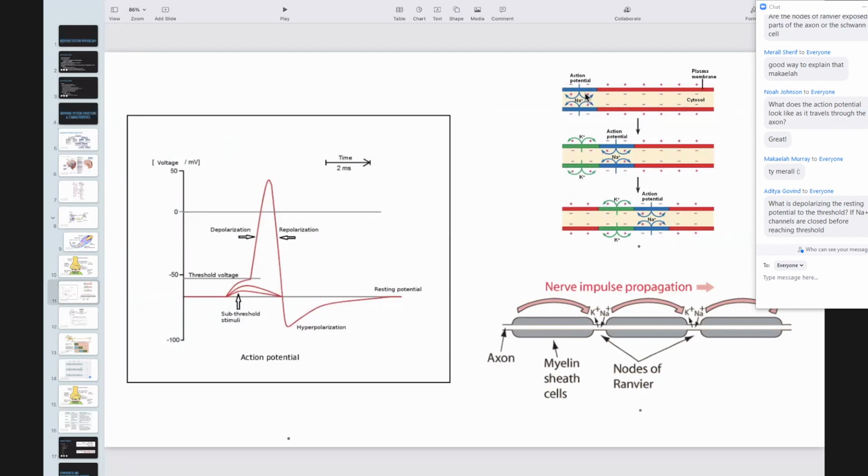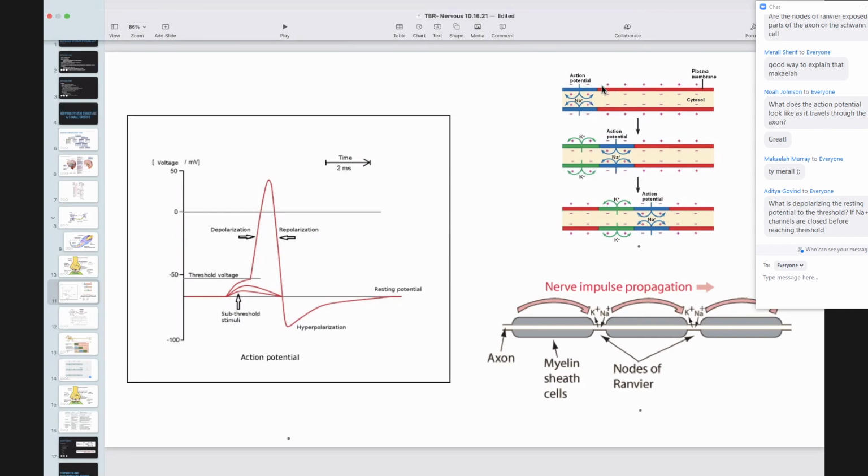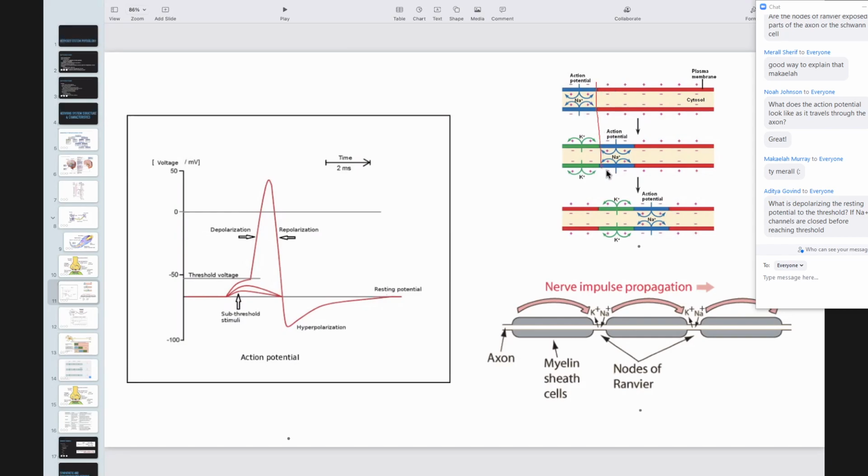And as these ions start flowing to the right, the membrane here is going to be like, oh, wait, my electrical properties have changed. So these channels are going to open up. And so as we go down, the sodium is going to rush into this one. And it's going to open up these channels, and so on and so forth. It's going to continue traveling in one direction.